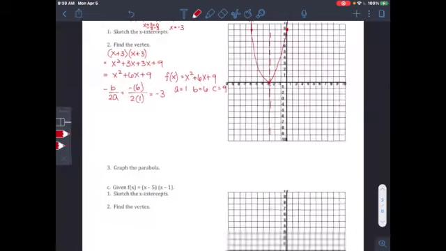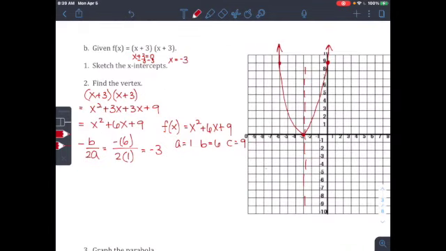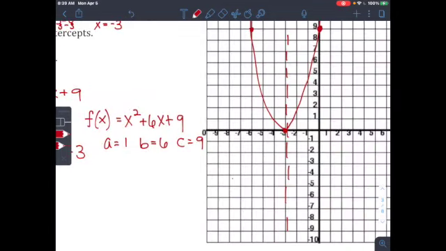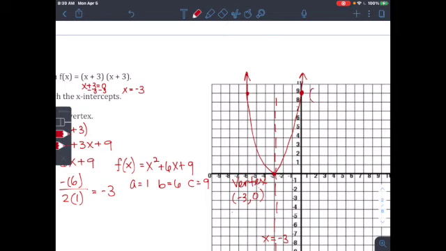Alrighty, so now on to letter C. Let's label the points. This is x equals -3, that's your axis of symmetry, and the vertex is going to be, no, I'm sorry, -3, 0, and then your y-intercept is going to be 0, 9, and over here is going to be -6 and 9.